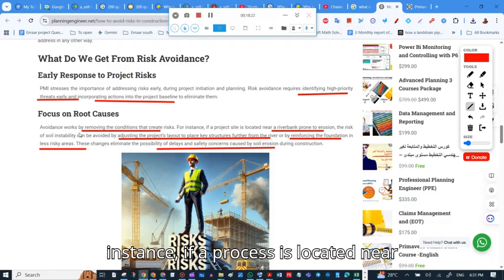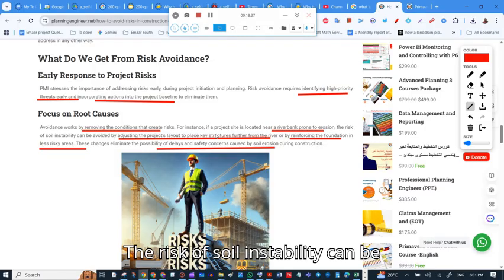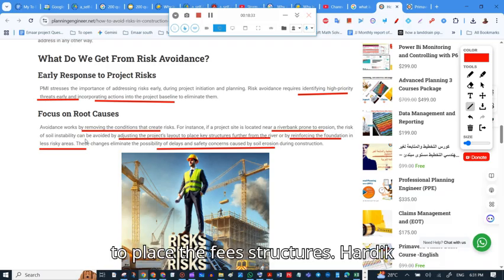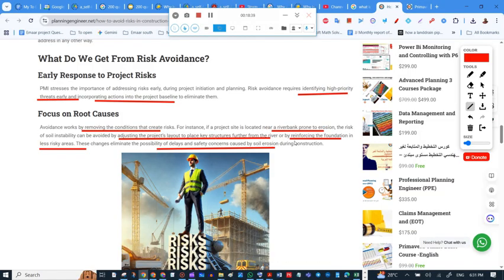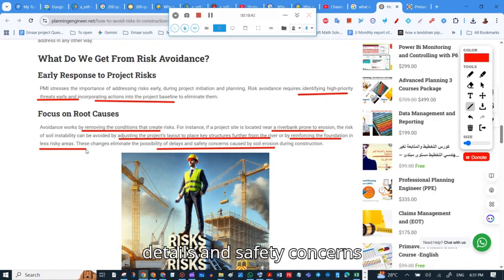For instance, if a project is located near a riverbank prone to soil erosion, the risk of soil instability can be avoided by adjusting the project's layout to place the key structures further from the river, or by reinforcing the foundation in the less risky areas. These changes eliminate the possibility of delays and safety concerns caused by soil erosion.